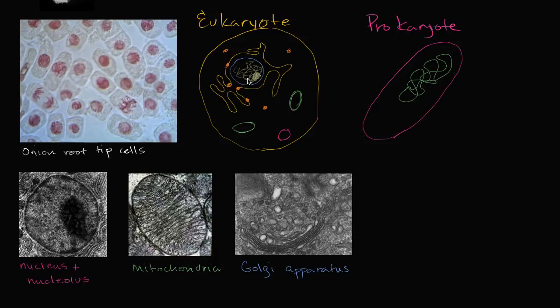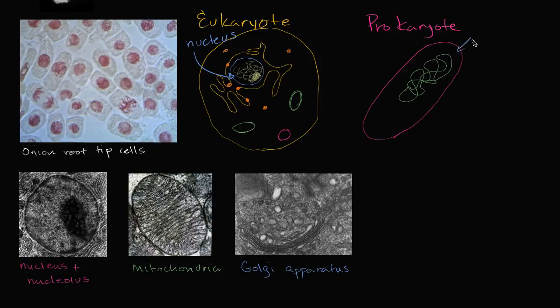So in a eukaryote, the genetic information is going to be inside a membrane-bound nucleus. So this right over here, this is the nucleus, and you have your genetic information inside it. You have your DNA. Here, for a prokaryotic cell, you're going to have your DNA, and it might be bundled up into a section of the cell. We would call that a nucleoid, but it's not membrane bound.